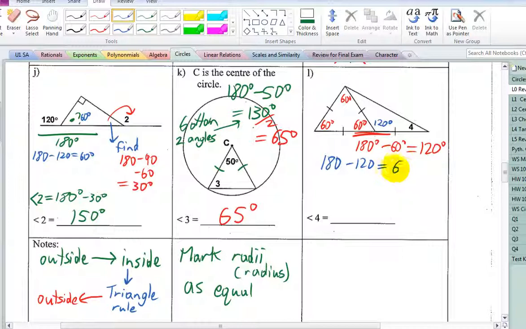Okay. So the bottom 2 angles are 60, so how do we find one of them? Divide by 2. Okay. 30 degrees.